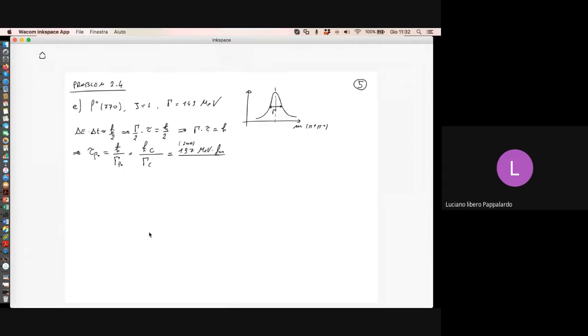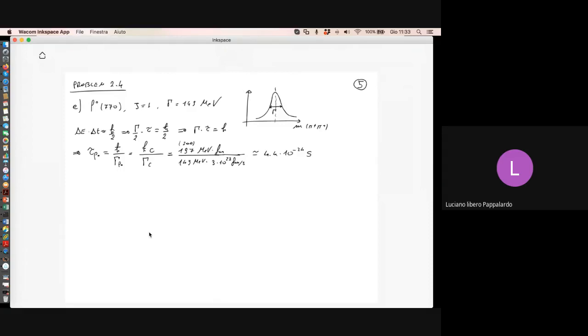And then on the denominator, we have 139 MeV times the speed of light in Fermi per second, so 3 times 10 to the 23rd Fermi per second. Once you do this calculation, you obtain something like 4.4 times 10 to the minus 24 second. So an extremely short decay time.